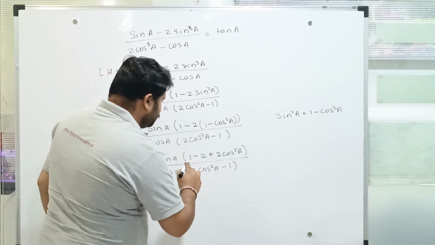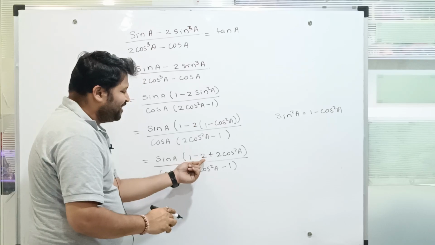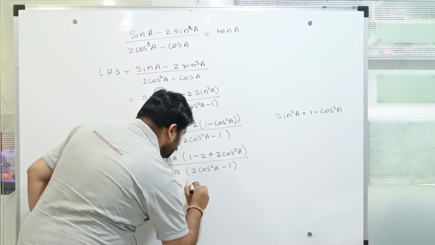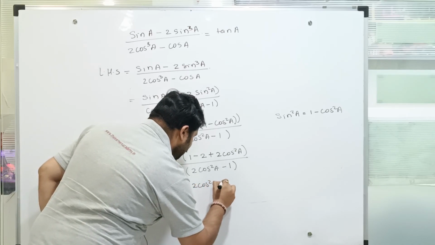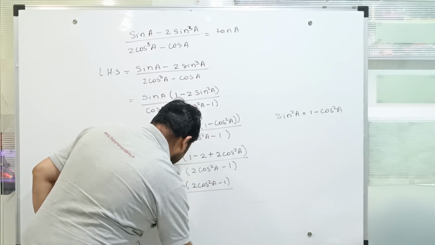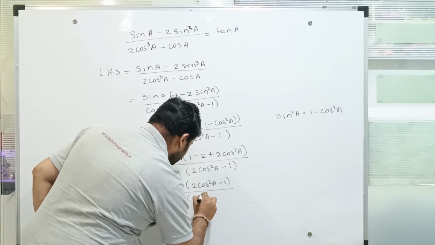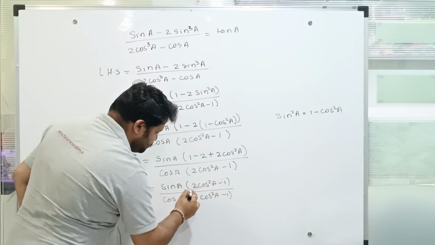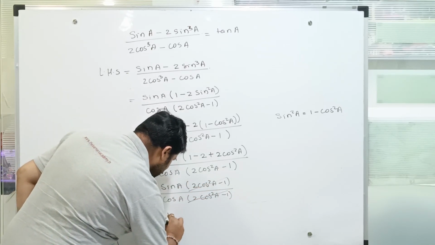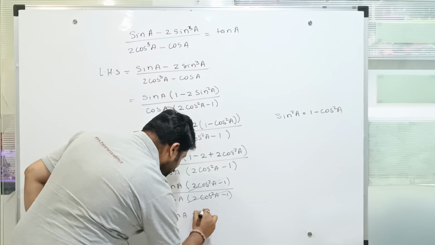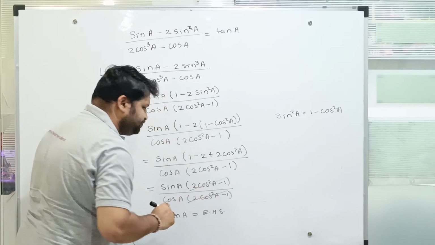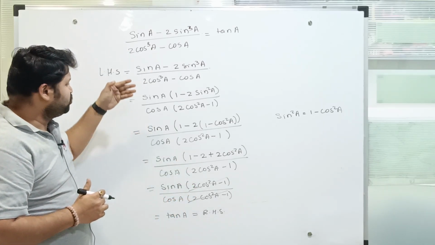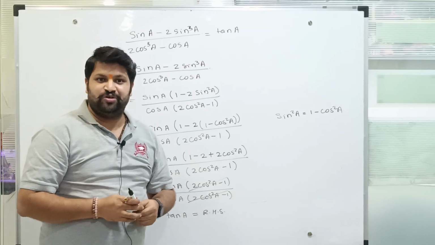Now since it is 1 minus 2, it would become minus 1, and I'll get sin A times 2 cos square A minus 1 divided by cos A times 2 cos square A minus 1. Since these are same terms, I can cancel them out, and I would get tan A, which is equal to my RHS. So though the sum looked difficult at the starting, we can pretty much solve it in a very easy format.